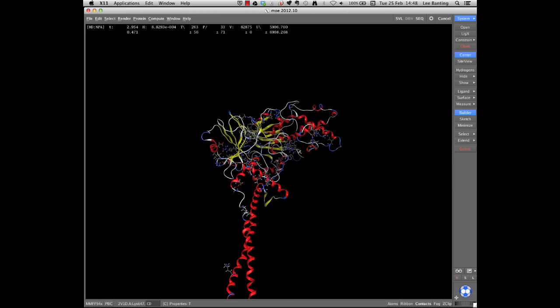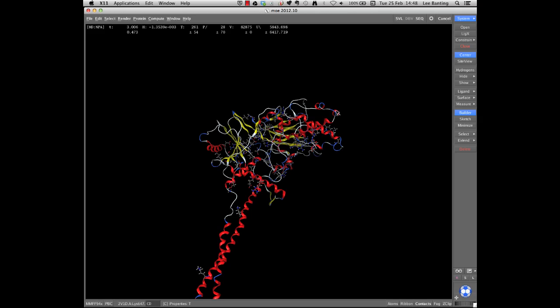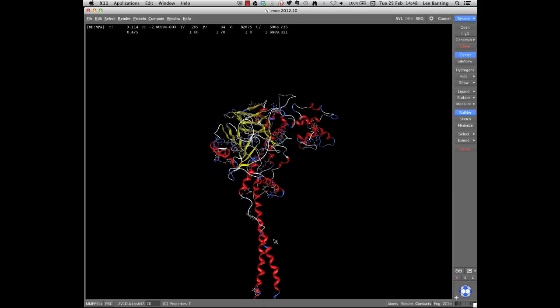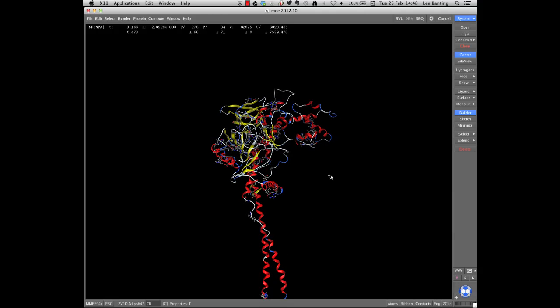You can see that the major loops are not moving so much. If you wanted to investigate that motion, you would have to run a simulation for a long time to start to pick up longer time scale motions like loop changes.